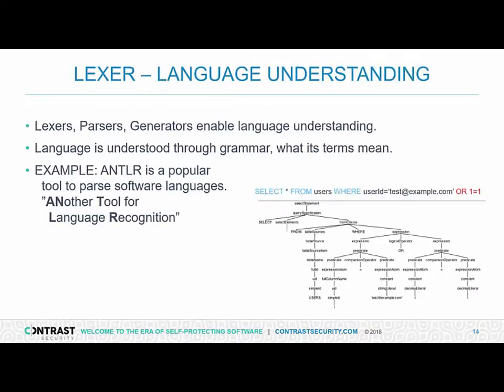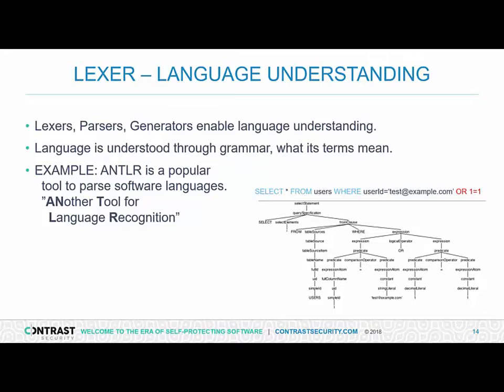Now, to create the graph, what it does is it uses something called a lexer, which is a basic language understanding. So what are the semantics of how something actually works and what syntax actually means? So these languages are understood through something called a grammar, which identifies what specific terms mean. And a very popular parser generator for interpreting these grammars is something called ANTLR, which stands for Another Tool for Language Recognition.